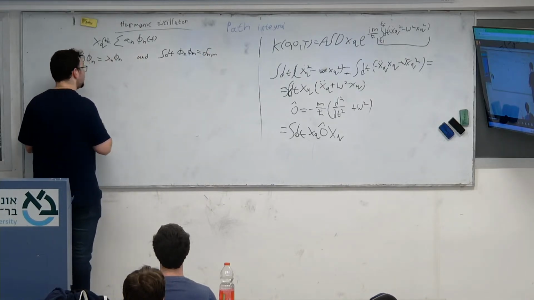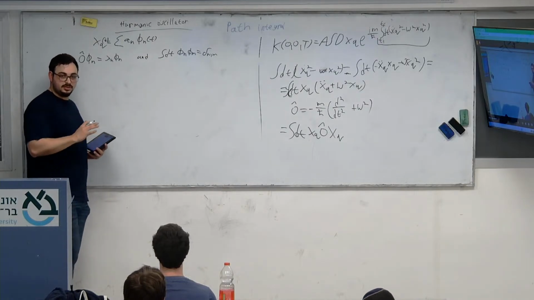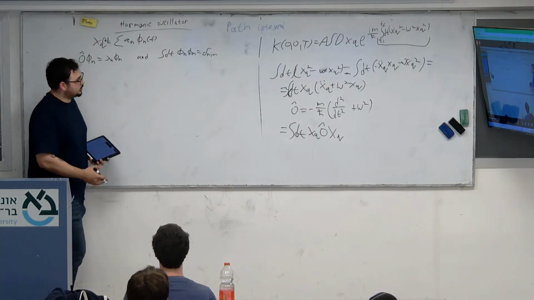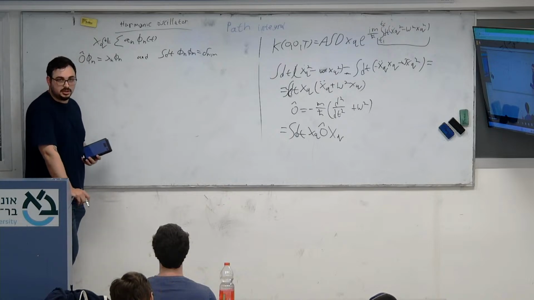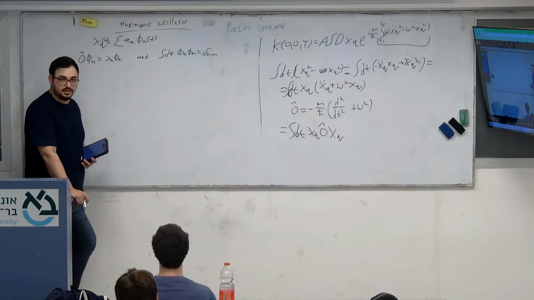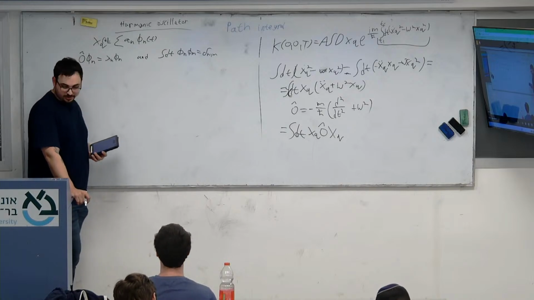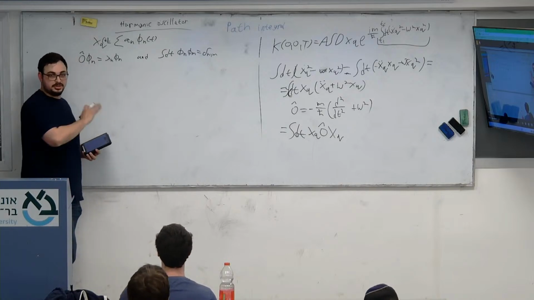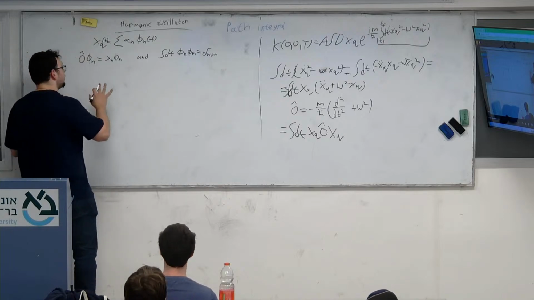Now I can do this on the board, but in almost every book that has some sort of a quadratic integral, the solution for the eigenstate of the problem will be given. So again, instead of just wasting half an hour doing arithmetics on the board, I'm just going to give you the solution.